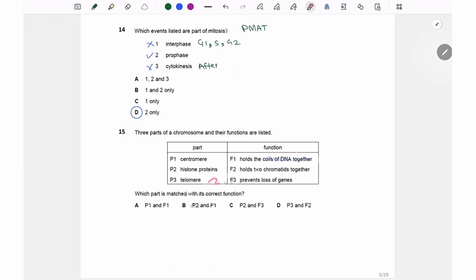And telomere prevents loss of genes. That's correct. So let's match them. So the only accurate pair given here is going to be P2 and F1. That's this one. So B is going to be our answer.